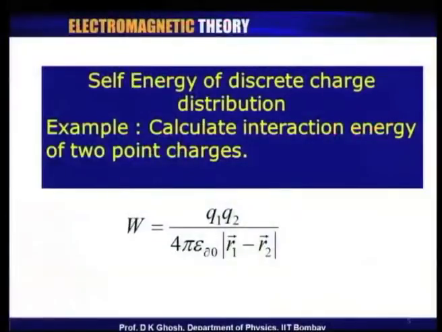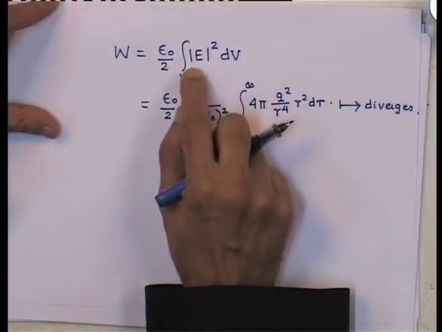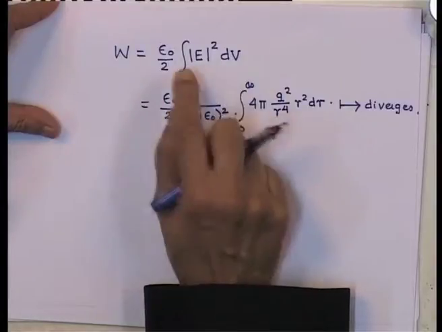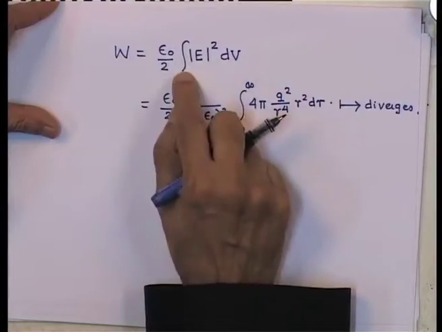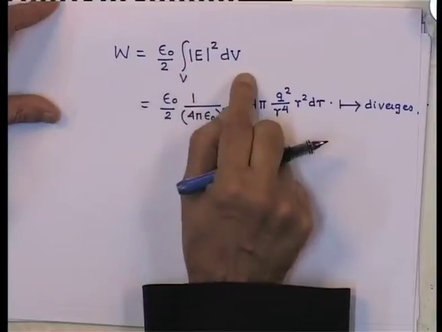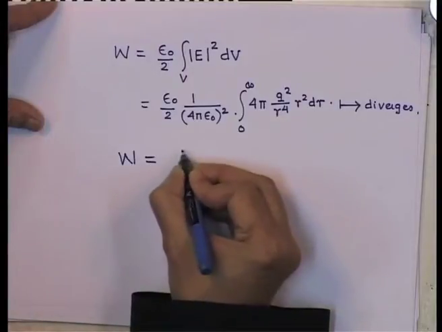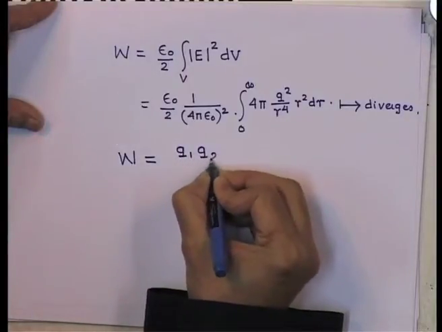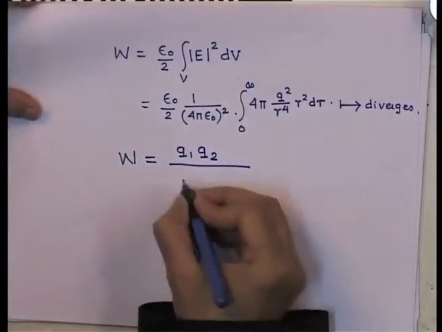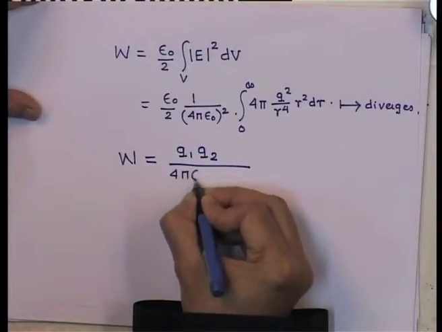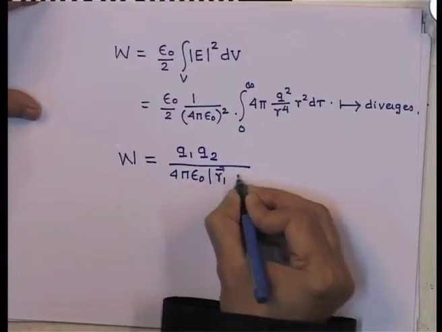Now, this is the issue. Let us try to calculate, using the expression epsilon 0 by 2 E square dV, the interaction energy of two discrete or point charges. I know that we had shown that for discrete charges, the interaction energy is q 1 q 2 divided by 4 pi epsilon 0 times the magnitude of r 1 minus r 2.